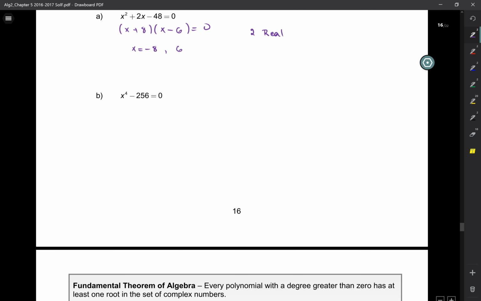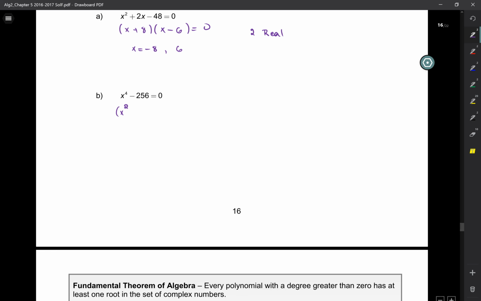Well, let's take a look at this one. This is x to the 4 minus 256. Is there any way to factor this one? 256 is a perfect square, right? It's 16 squared. And x to the 4 is a perfect square.